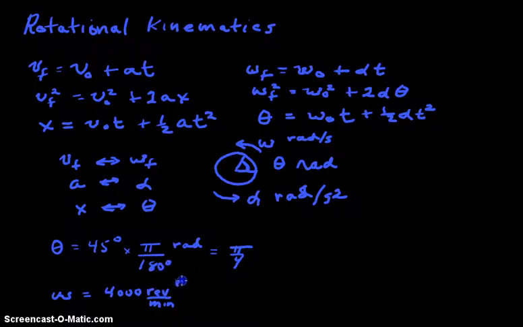You might recall that's RPM, but for purposes of unit analysis, you want to write it like this, revolutions per minute, and then usually you want to convert revolutions to radians or degrees. But anyway, there's 2 pi radians per revolution.